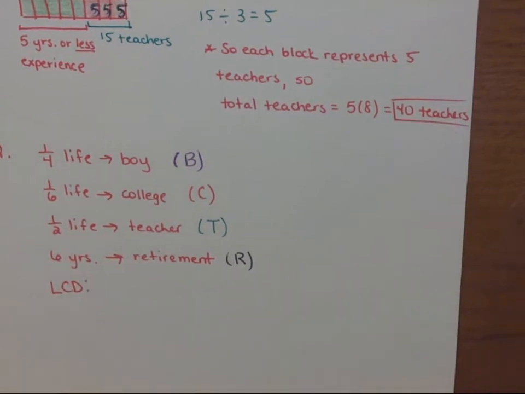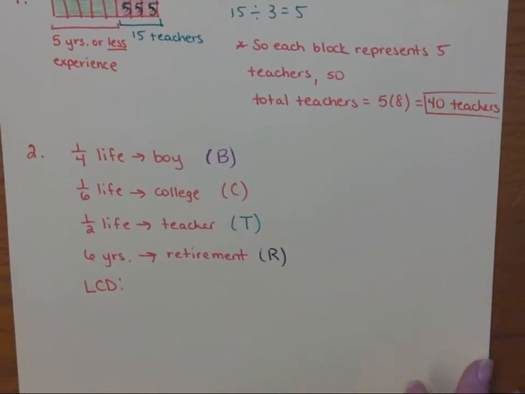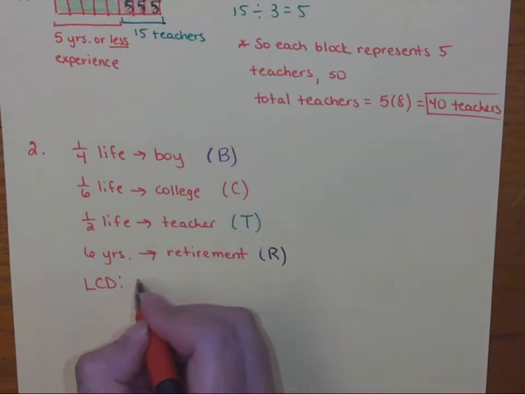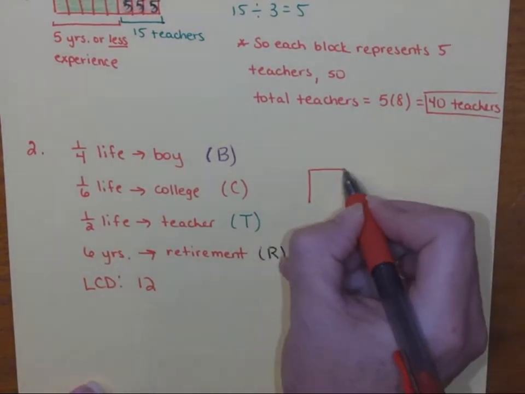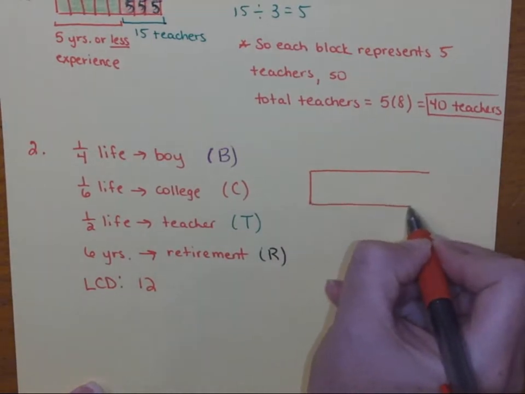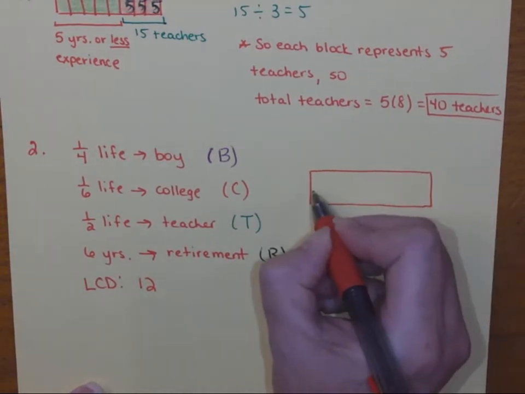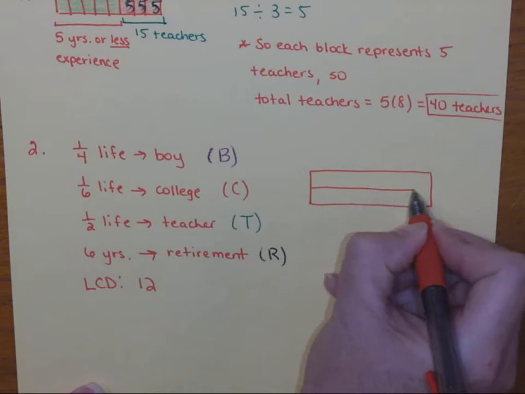We need some way to relate a fourth and a sixth and a half. So the lowest common denominator, the first number that 4, 6, and 2 all go into, is 12. So we're going to draw an area model with 12 units. Just know that each unit does not represent a year necessarily.